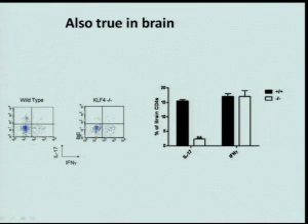And these results are from the spleen. While we had a lot fewer cells, it also turned out that that was true in the brain as well, that in wild type hosts IL-17 producing T cells traffic to the brain, whereas in the KLF4 deficient hosts, they didn't.